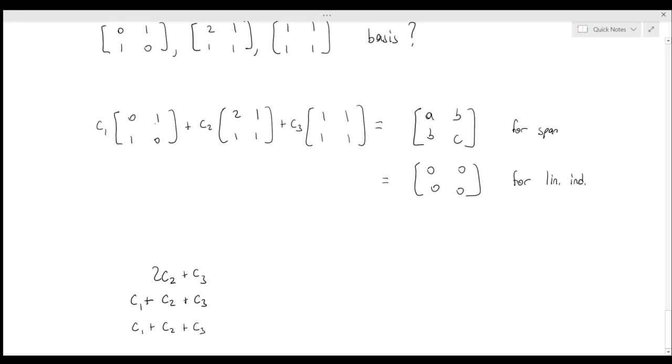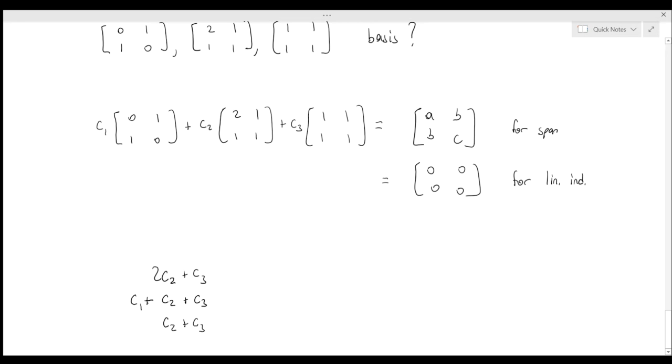Because it was symmetric, these had to be the same. And because it's the same, you don't really need to write it again. So I'll go ahead and just ignore it because it's the same as the second equation already. And then finally, looking at the last entry, I'm going to get 0c1 plus 1c2 plus 1c3.